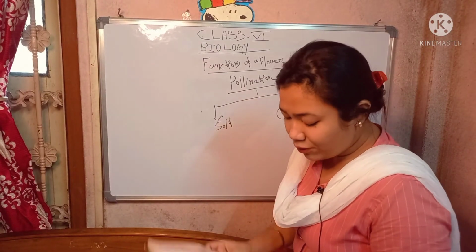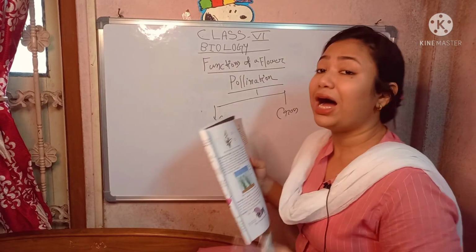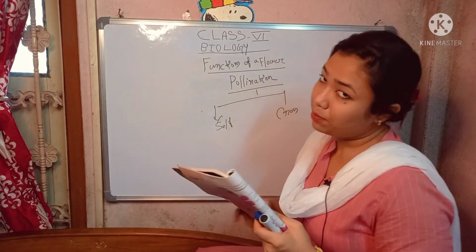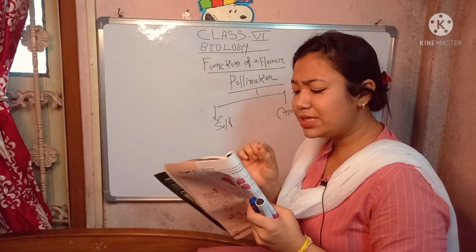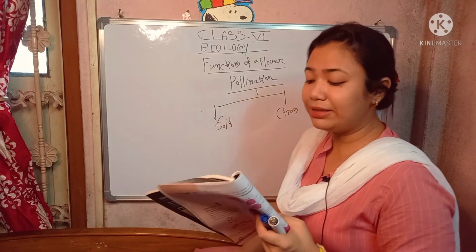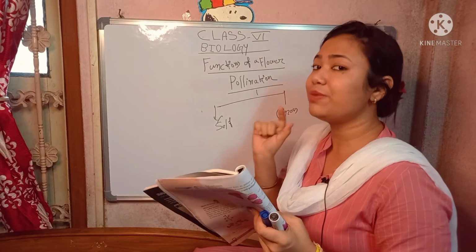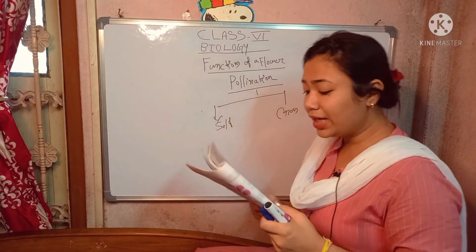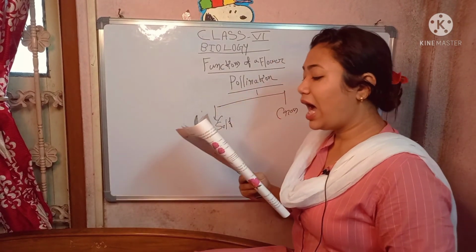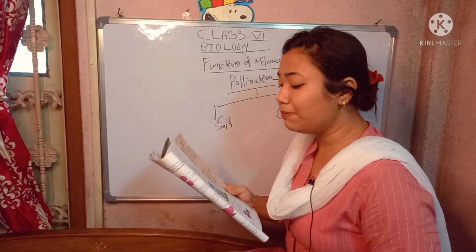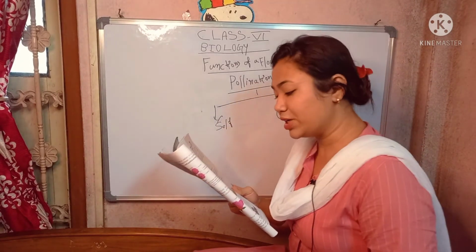Now, we will be discussing the point pollination by water. Because there is the term water, that has to be cleared, this pollination by water is taking place in aquatic plants. In some aquatic plants like Hydrilla and Vallisneria, the male flowers are completely submerged in water.